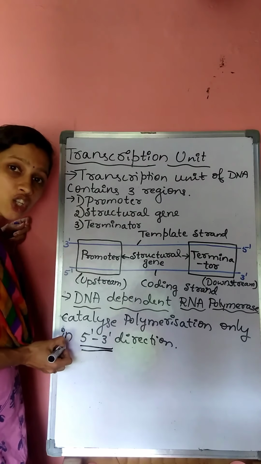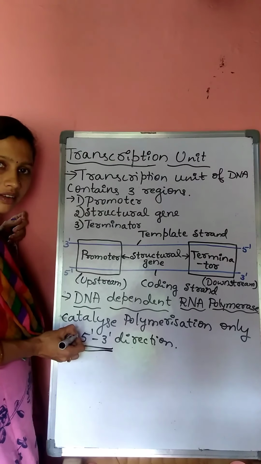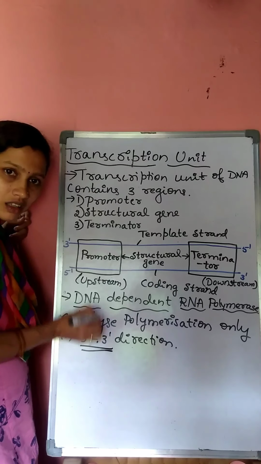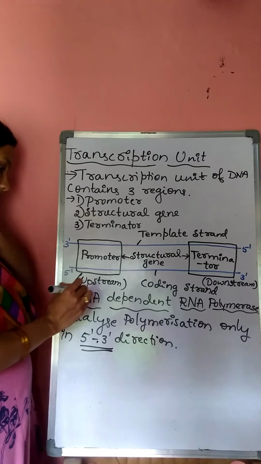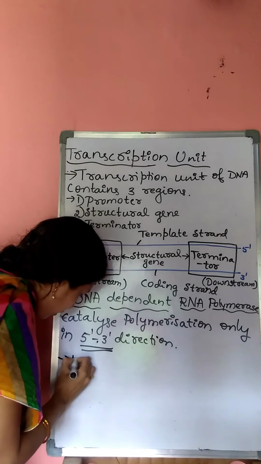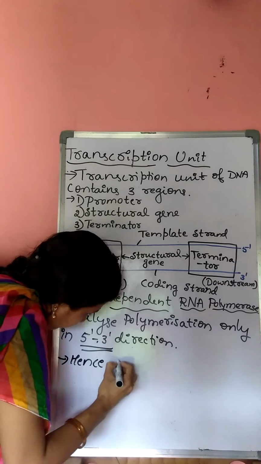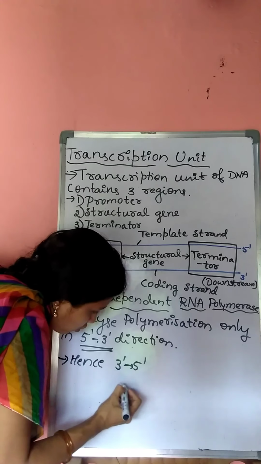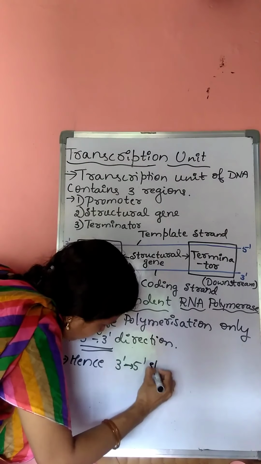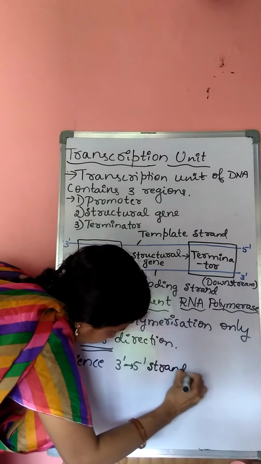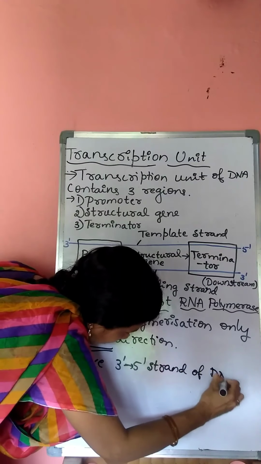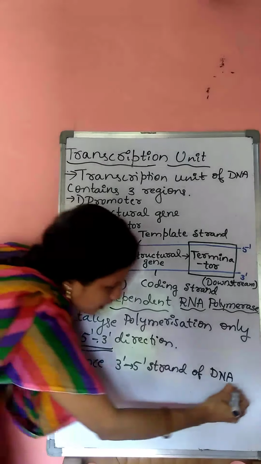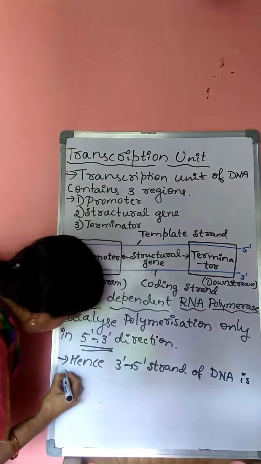Hence, the direction of the template strand should be complementary to this, that means 3' to 5'. This polynucleotide strand of DNA is called template strand.